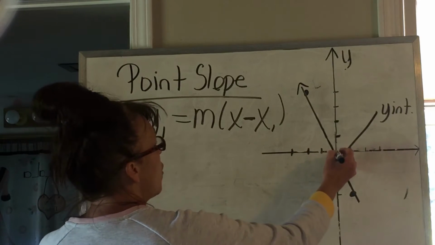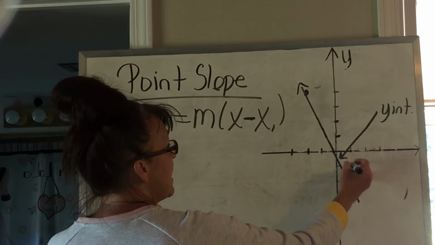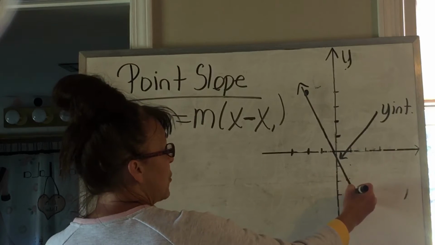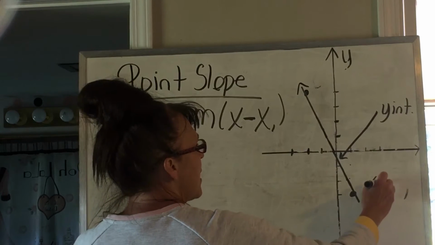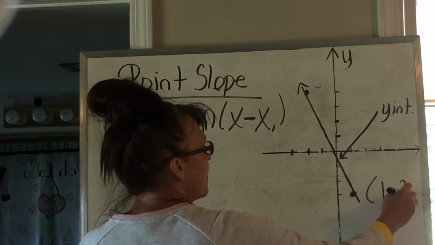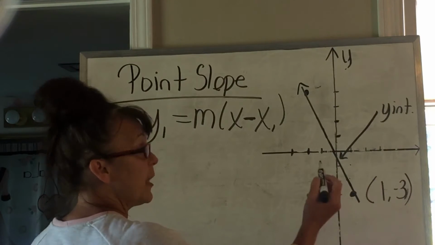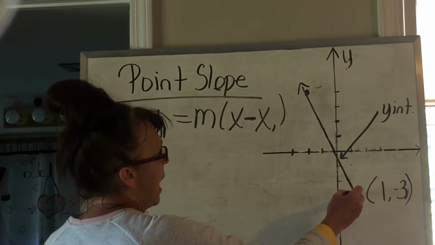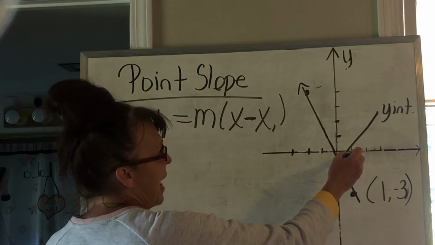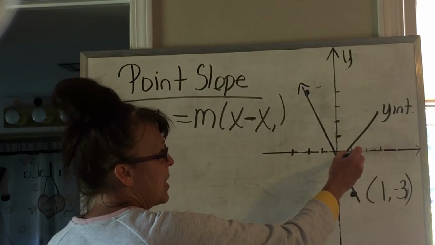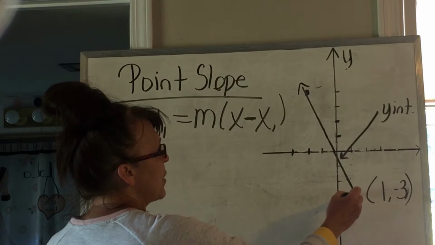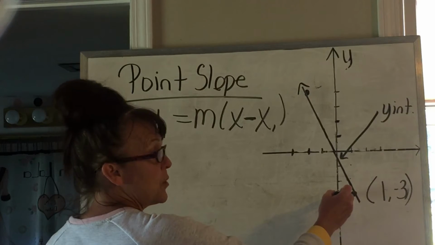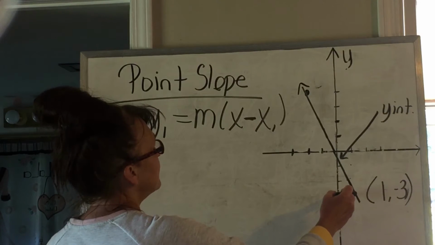So you're going to go right 1 and then down 3. So this point right here is 1, negative 3. Or you could look at it like this. I'm reading off the x-axis first, which is 1, and then I'm reading off the y-axis, which is negative 3.